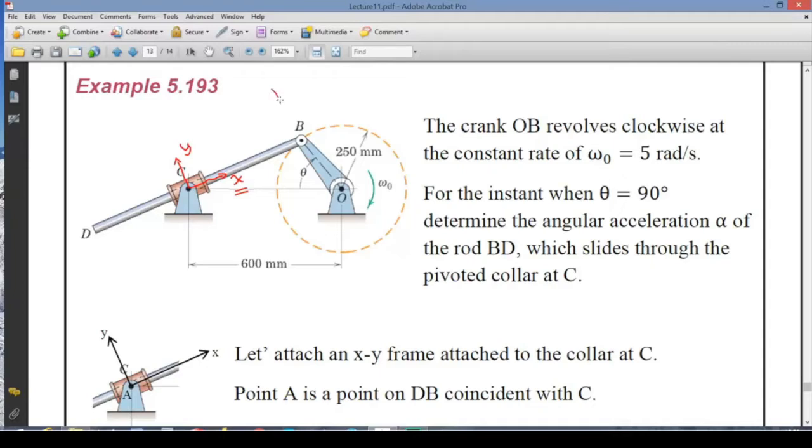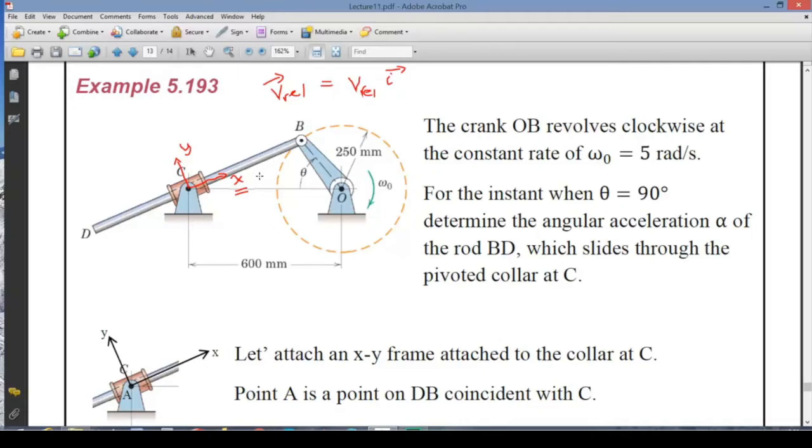If I'm going to write out V relative for this part, it will be V relative in the i direction based on my selection of this frame, and A relative will be in a similar way. It will be in the i direction for sure.